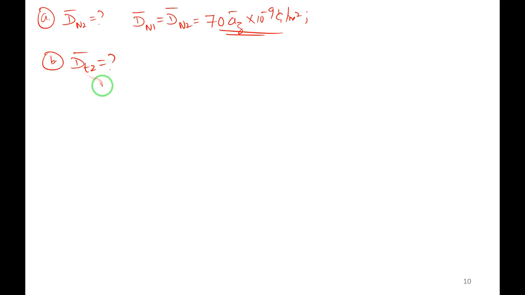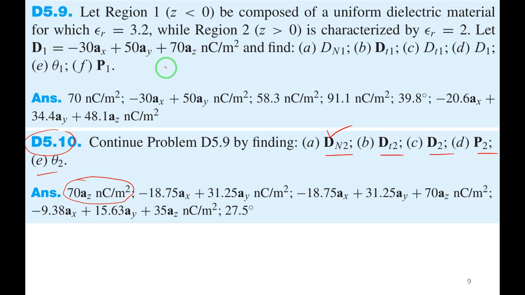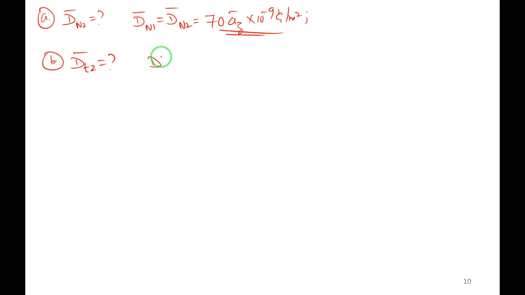Okay, next I want this. So how to calculate this? Do I have d2 somewhere in the previous part? No, I don't have. So how do I find dt2? Let me write the boundary conditions, whether they will help me. dn1 equal to dn2 is one boundary condition, so epsilon 1 en1 equal to epsilon 2 en2.